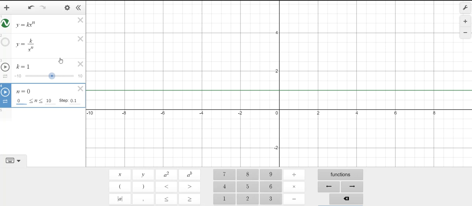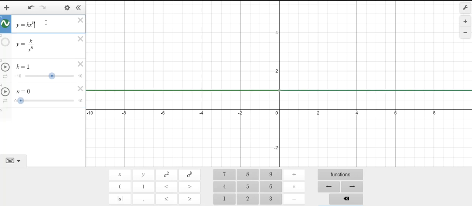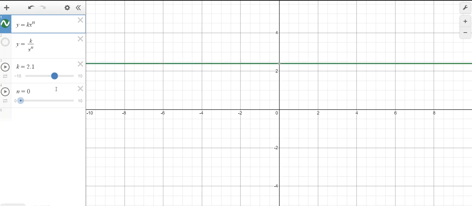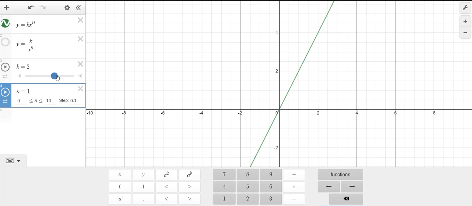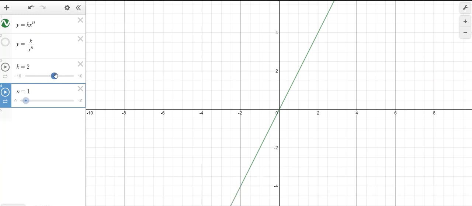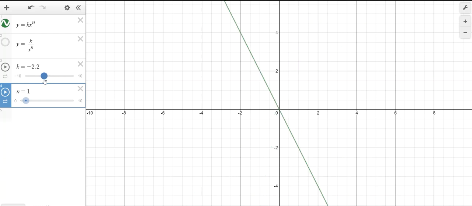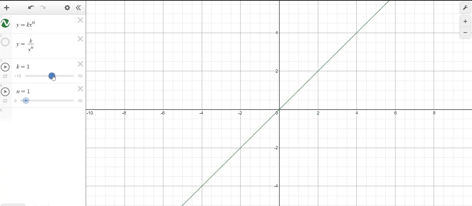All right? Now, what happens to the function when k increases? Okay, when I've got n to the power of 1, k, what does it do? Okay, changes the slope. And what does a slope mean in terms of a proportional relationship? Yeah, so how much one of them will change relative to the other one.